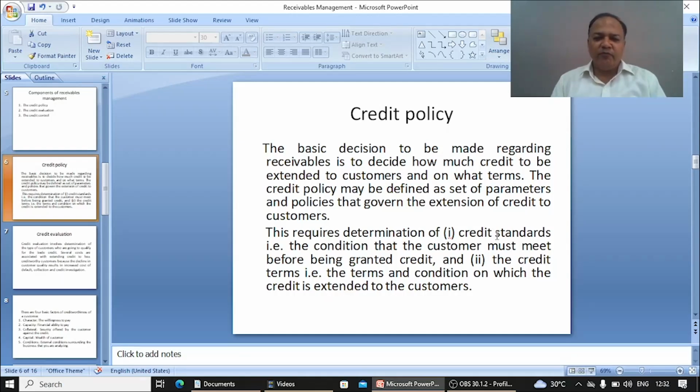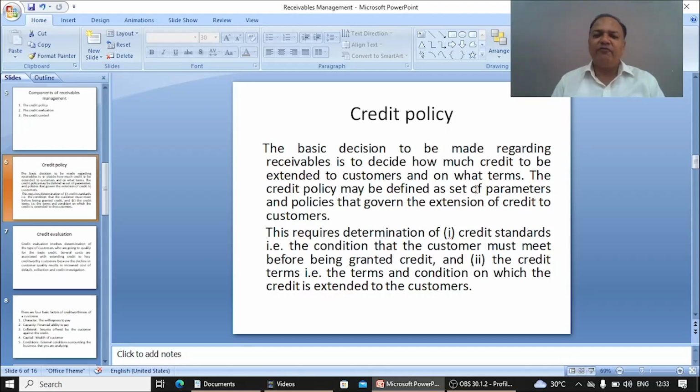So whenever we create our credit policy, this requires determination of credit standards and credit terms. What is the meaning of credit standard? Credit standard means the condition that the customer must meet before being granted credit.